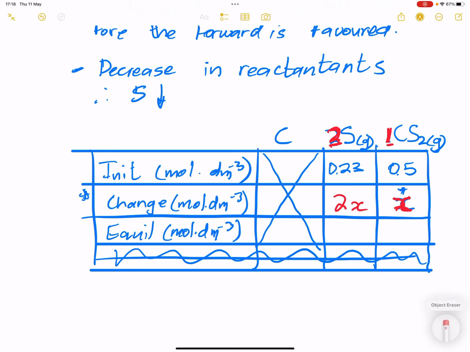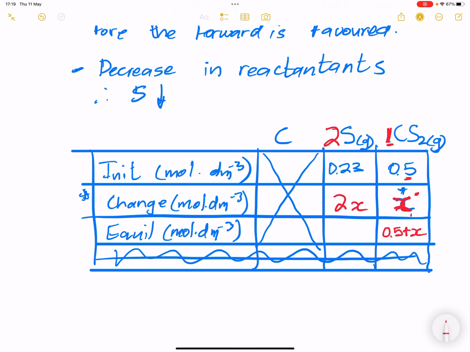So for whatever amount of carbon disulfide that I change by, the amount of sulfur that will change in this case will be 2. So that will be 2 and that's 1. So for every x, there'll be 2x. And then finally, the amount of carbon disulfide I will have: I started with 0.5, I formed x, so at the end I will have 0.5 plus x.